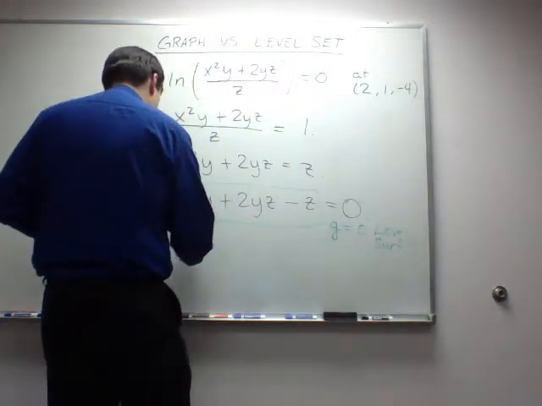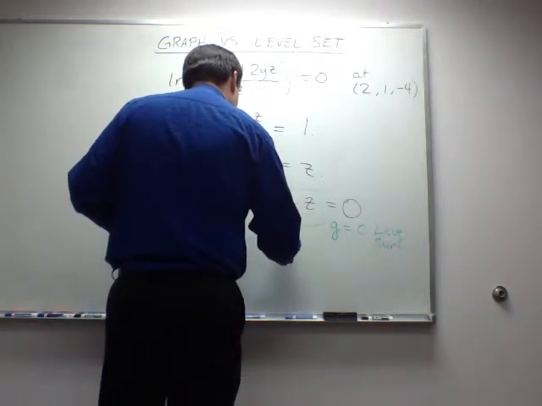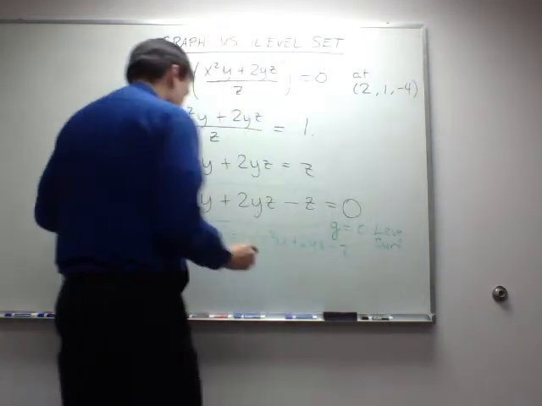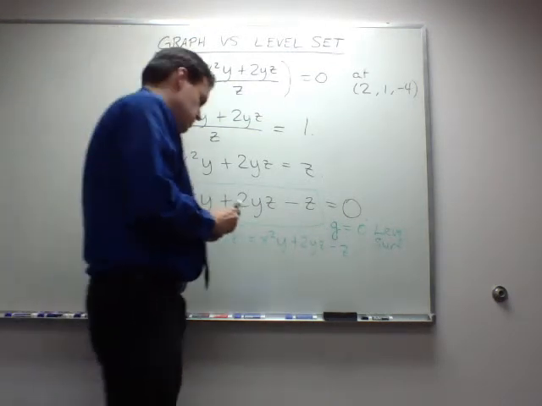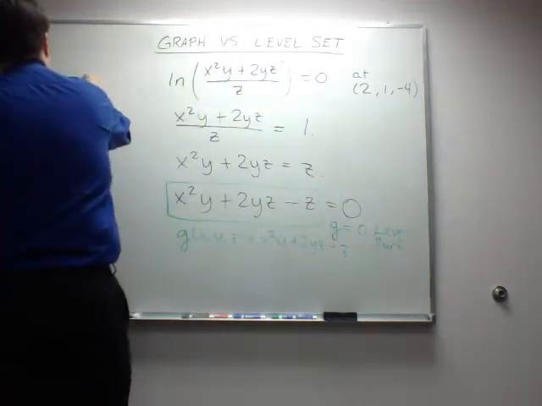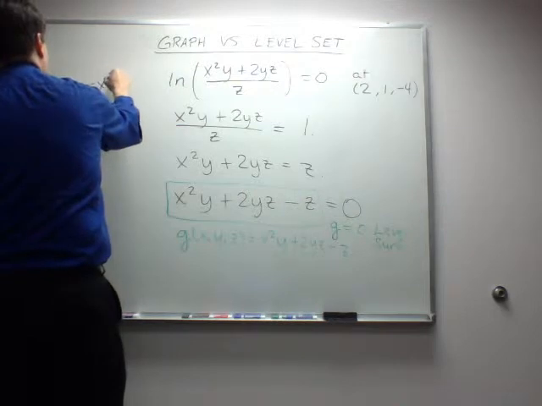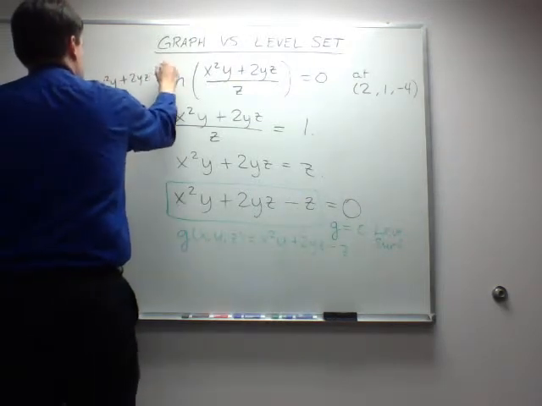where g is equal to x squared y plus 2yz minus z. All right, I'm going to go ahead and record that someplace else so that I have it and can work with it. G equals x squared y plus 2yz minus z.